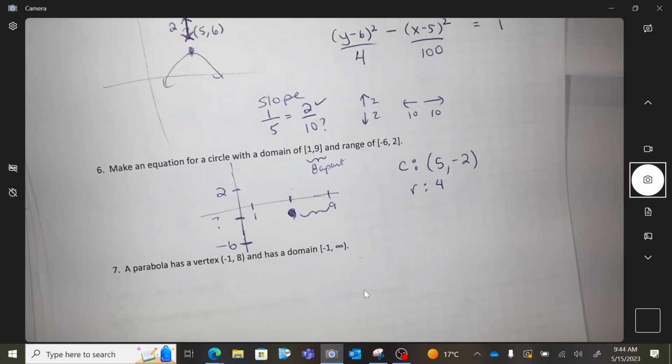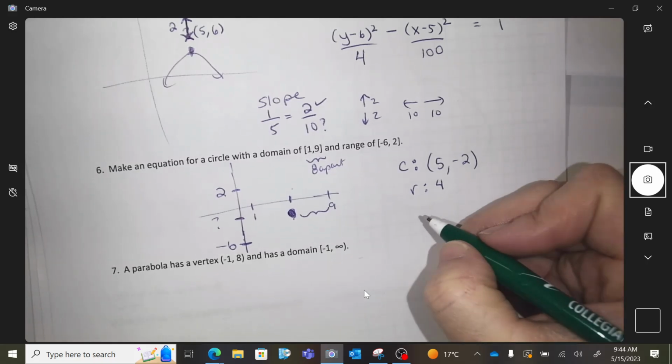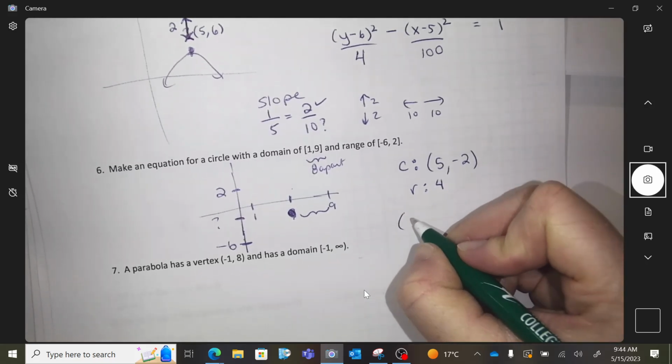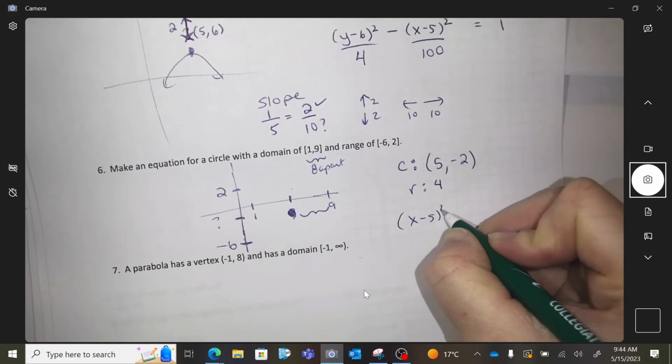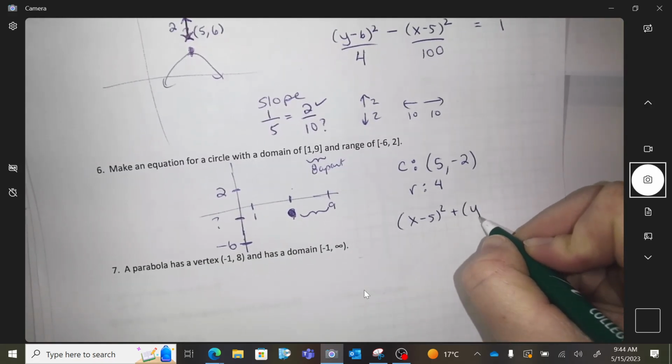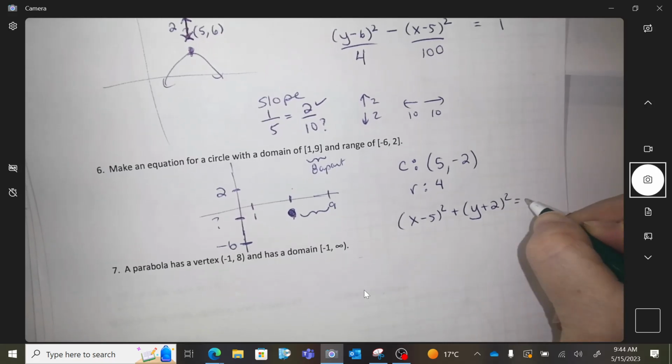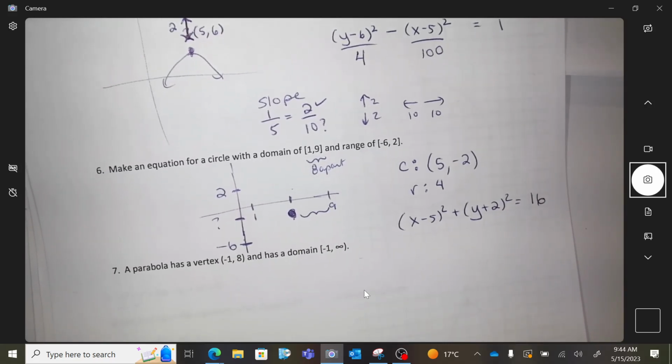Wherever you like to look, on the drawing, on the domain, whatever they are apart, it's half. So give me the full, so (x minus 5) squared plus (y plus 2) squared equals 16. Okay, so get your info, then convert it. Make sure you're following your format.